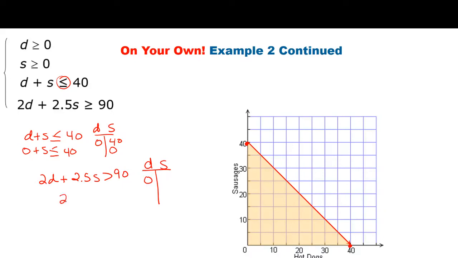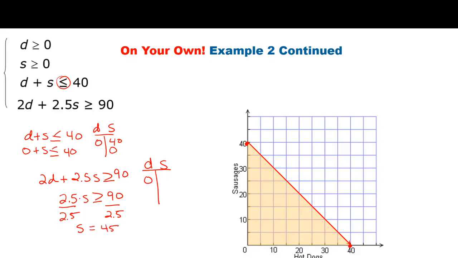We have 2.5 times S is greater than or equal to 90, and we want to divide both sides by 2.5. So that tells us that S is equal to 45.